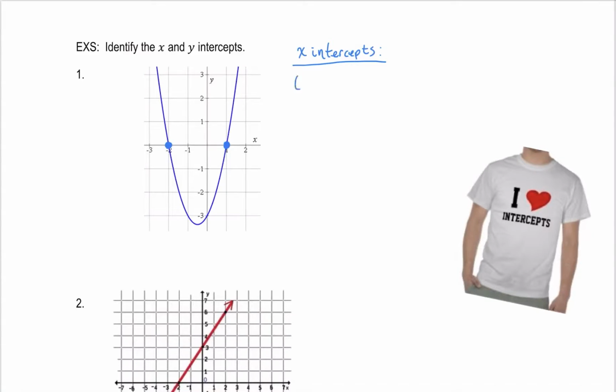So the x-intercepts here are at -2, 0, and 1, 0 when I write those as ordered pairs, which is typically how I will ask you to write intercepts, rather than just say x equals -2, or x equals 1, because that really starts to look like the equation of a line. So I like intercepts to be written as ordered pairs. So the y-intercept on this one is at 0, -3.